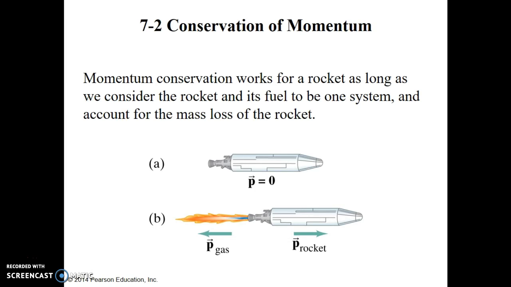But according to conservation of momentum, the total momentum has to be conserved. So the only way to balance out this negative momentum is if the rocket itself has a positive momentum to counteract that. So that's another very good example of conservation of momentum.